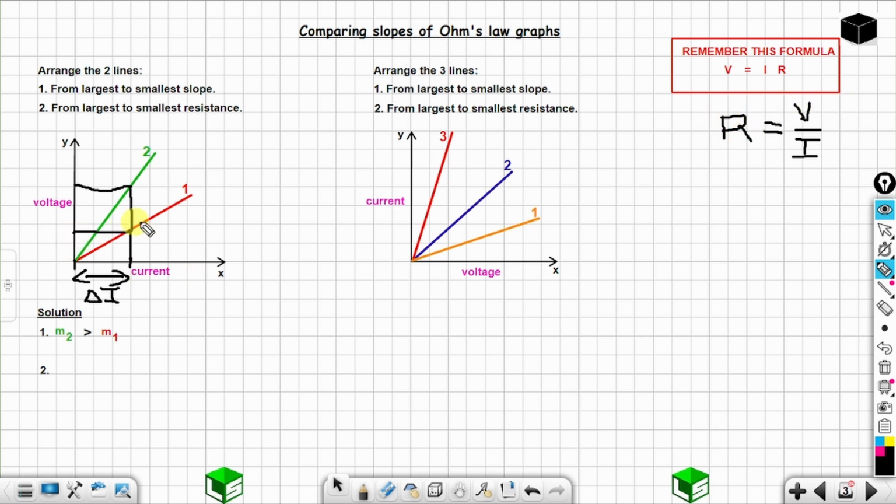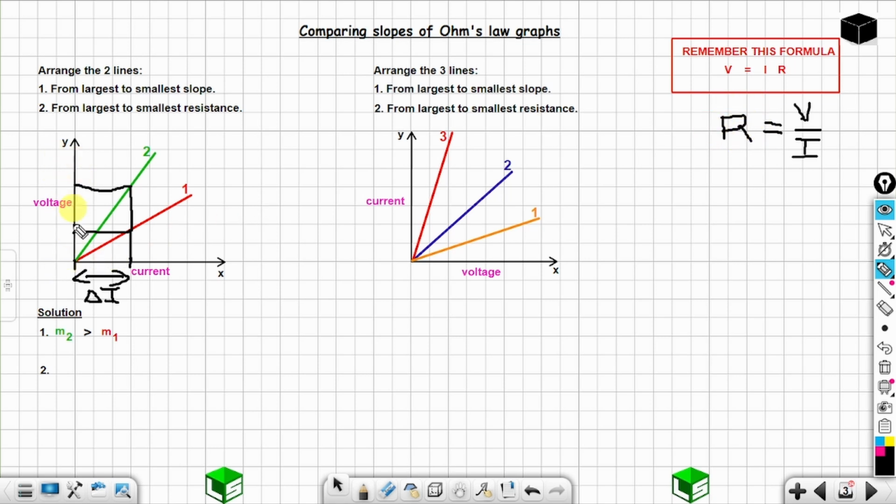Can you see? For line number 1, the red line, the voltage is smaller as compared to the voltage for line number 2, which is larger. So line number 2 is going to have a larger resistance as compared to line 1.